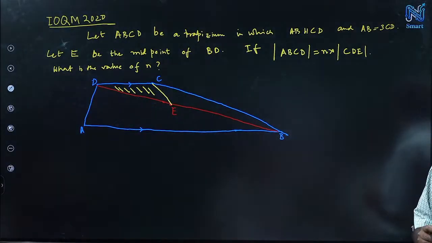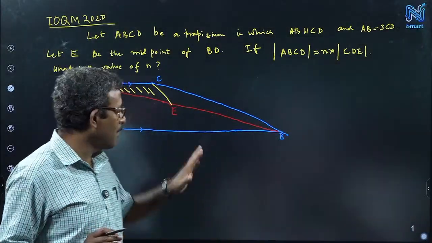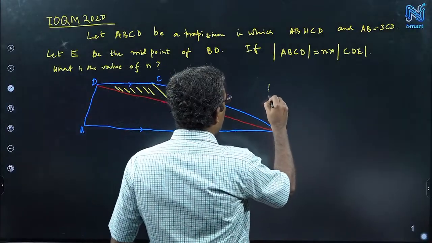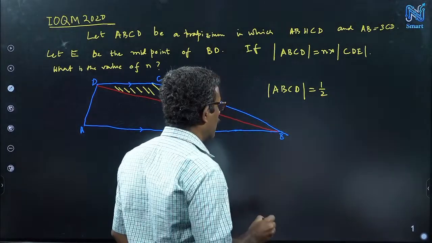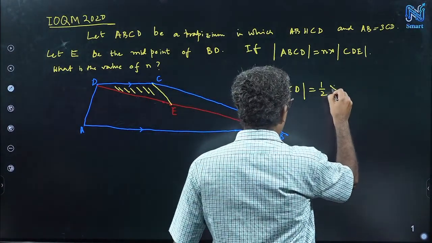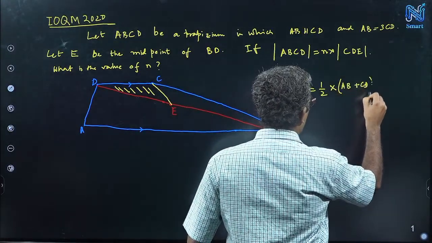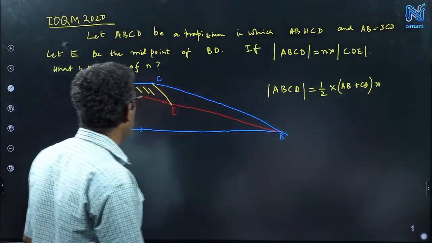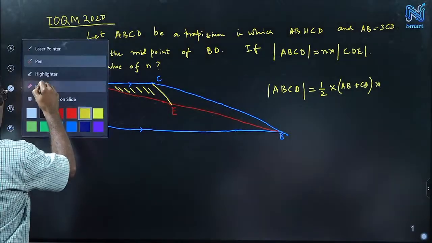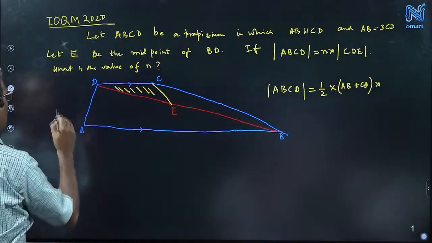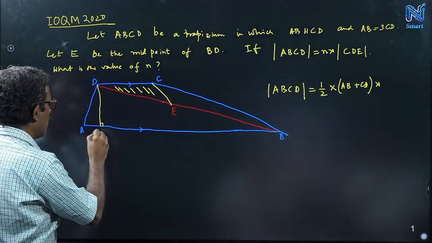There are several area theorems, right? What are the area theorems? First of all, the area of a trapezium is half of the sum of parallel sides, AB plus CD, into the height. This height is the perpendicular from D to AB, say N, so the height is DN.